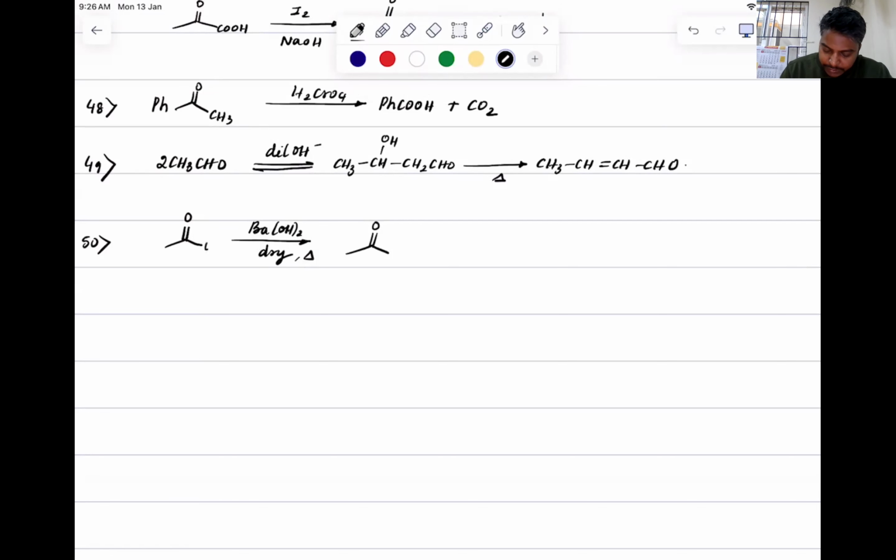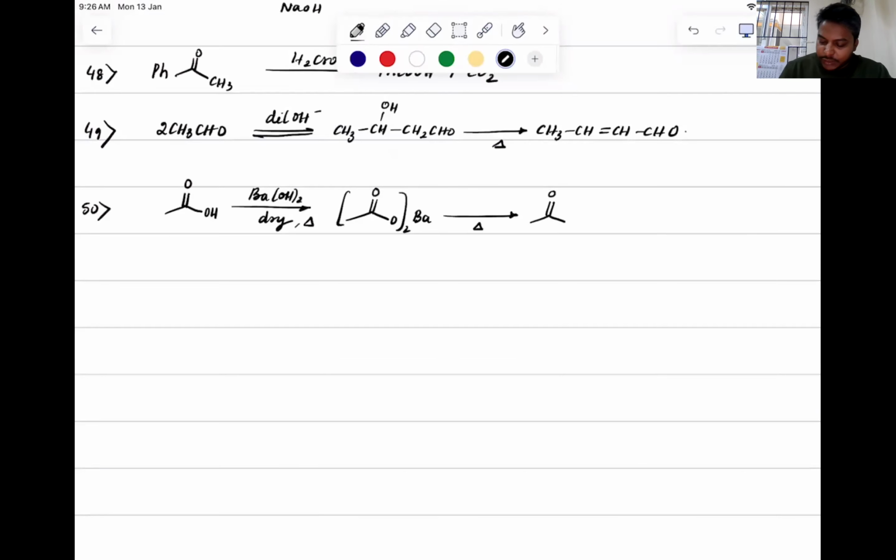Here, this should have been acid, my mistake. Then this will be the barium salt, and that on heating, which is dry distillation, is going to give us the ketone. This is due to dry distillation.